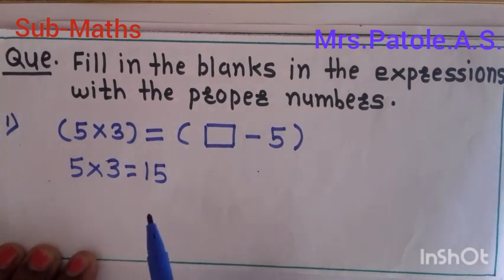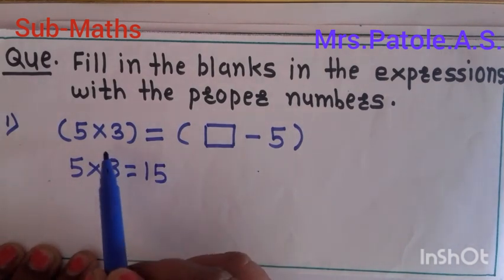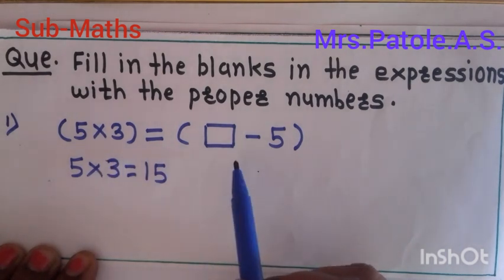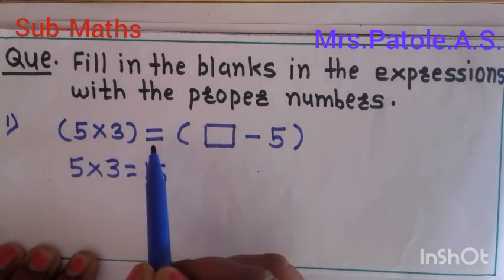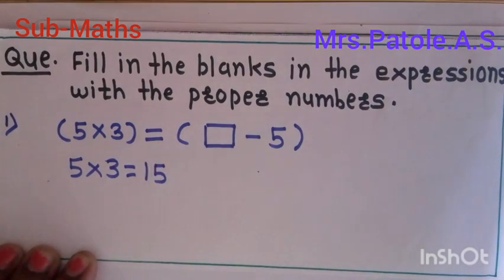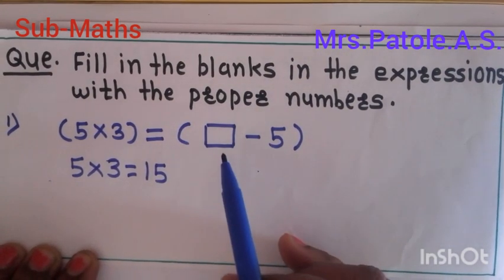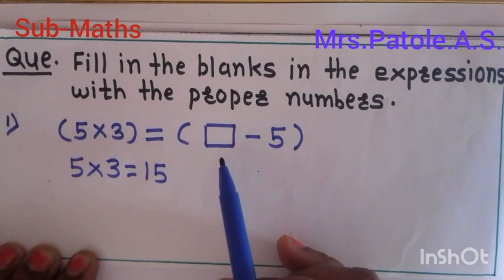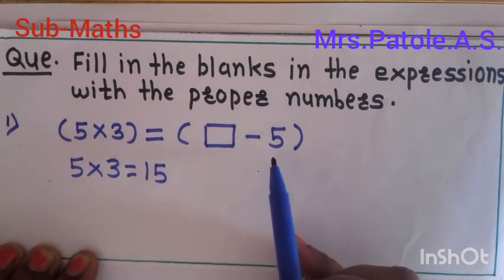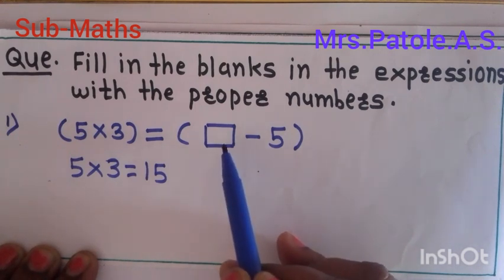Here, we remember that the value of the first expression and the value of the second expression must be equal. So, we have to write the number in the box in such a way that when we subtract 5 from this number, we get the answer 20.